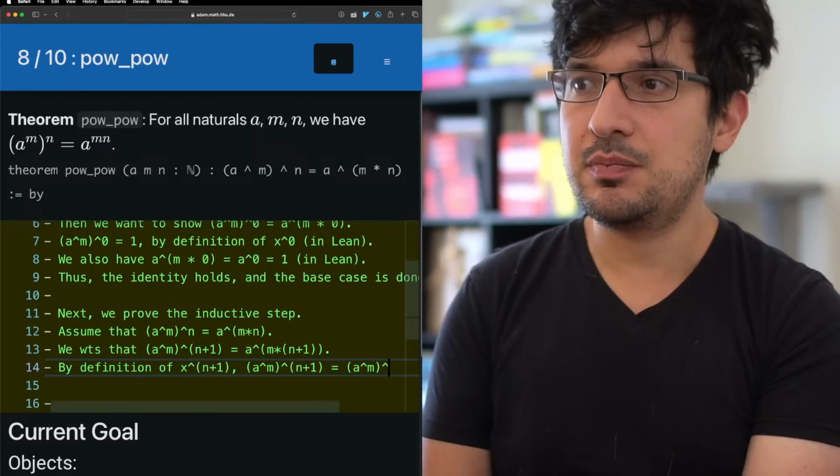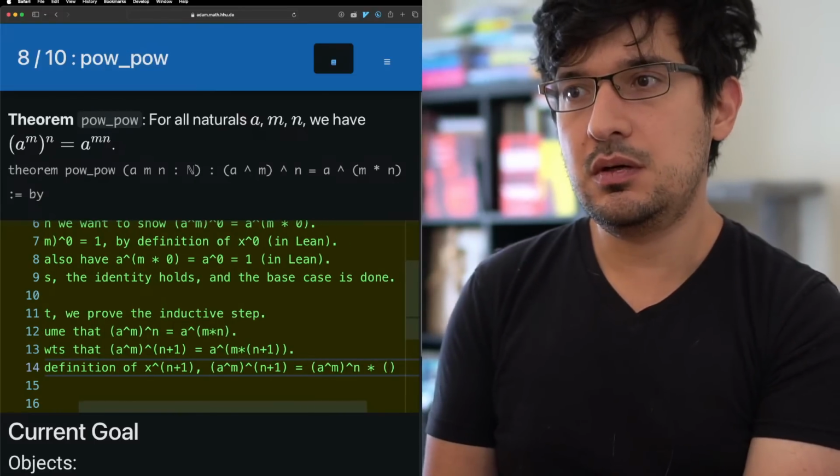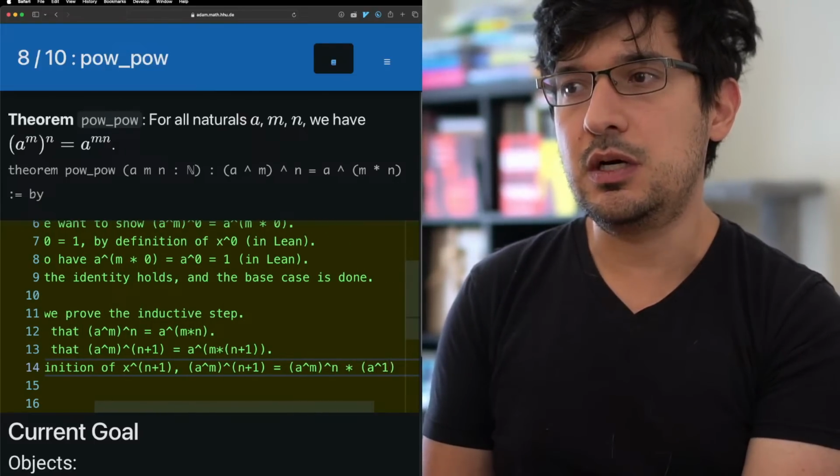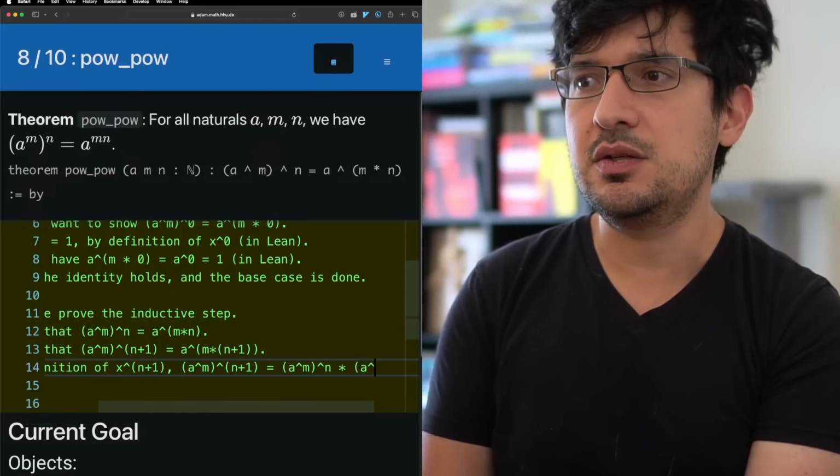Hope that makes sense. Times a raised to 1, which is just the same as times a to the m.